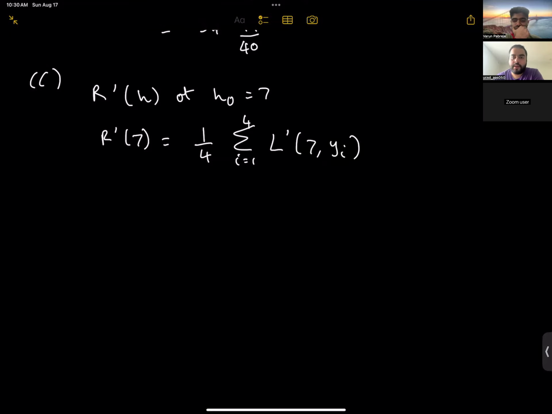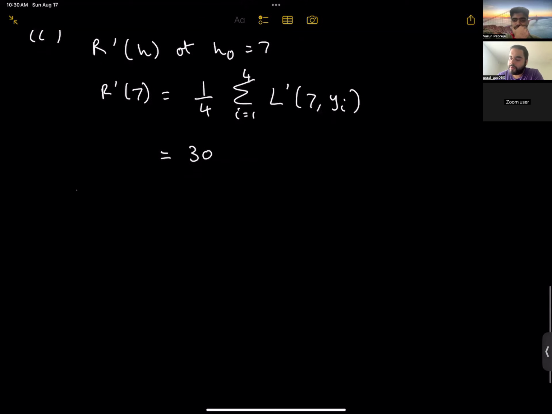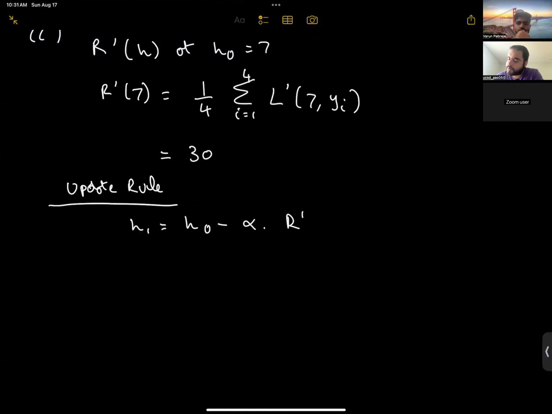So similarly, we follow the same overall calculations that we did in the previous part. I'll skip through those this time, since they're the same steps we did last time. So what you end up with is 30. Okay, now the same update rule. We see that h1 is h0 minus alpha times the derivative of the risk at h0.